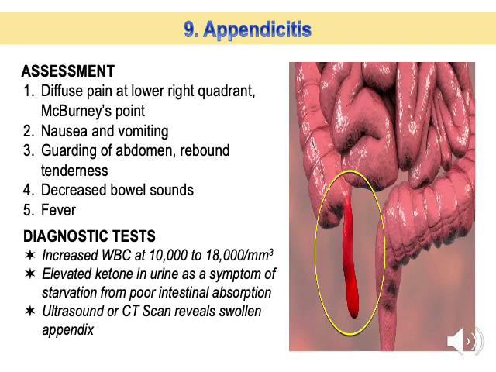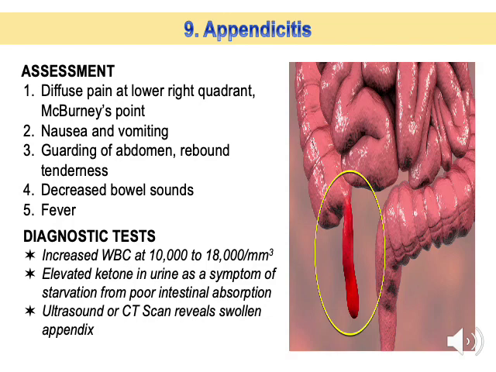The abdominal pain in appendicitis usually starts diffuse, but gradually it localizes to the right lower quadrant. The point of sharpest pain is often 1/3 of the way between the anterior superior iliac crest and the umbilicus. This is called McBurney's point.